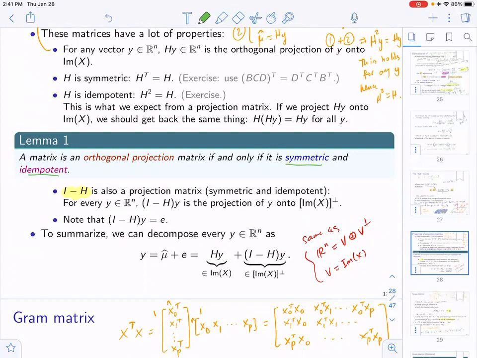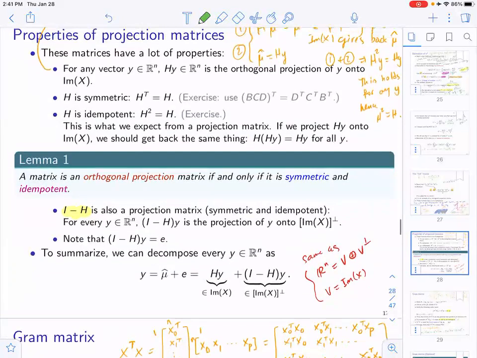So this is an if and only if. So a necessary and sufficient condition for a matrix to be an orthogonal projection matrix is that it's symmetric and idempotent. The fact that it's symmetric goes back to the orthogonality of the projection. It's a little bit tricky because there are also other types of projections, you can project in an oblique fashion, which we're not going to talk about in this course.